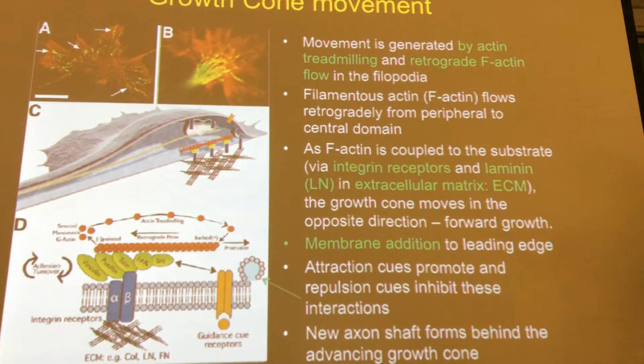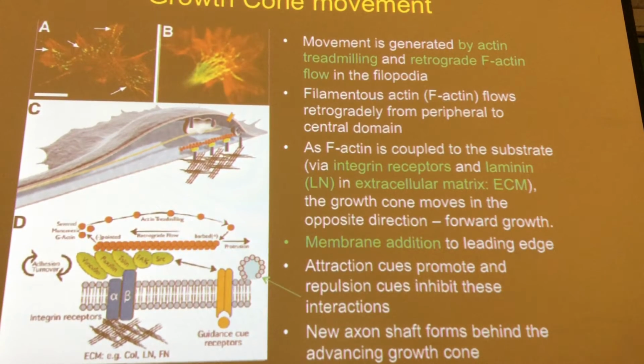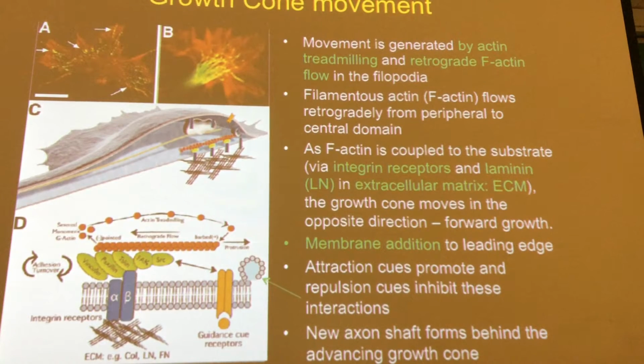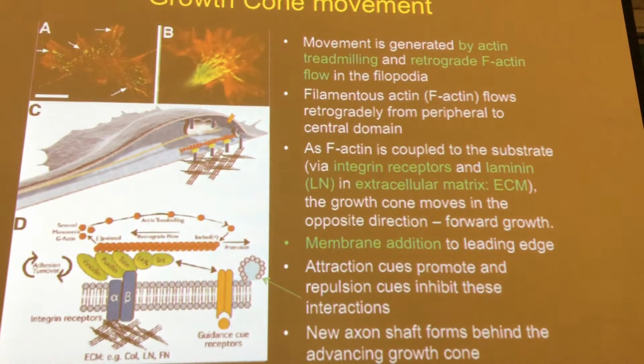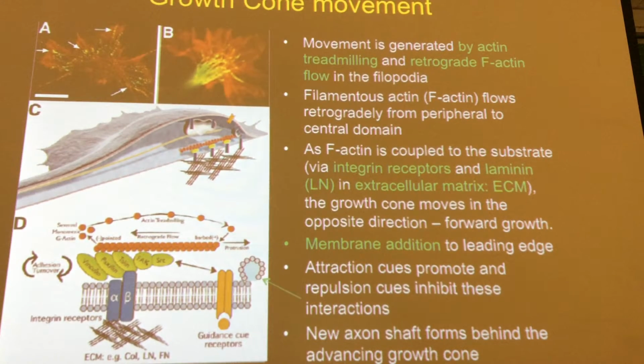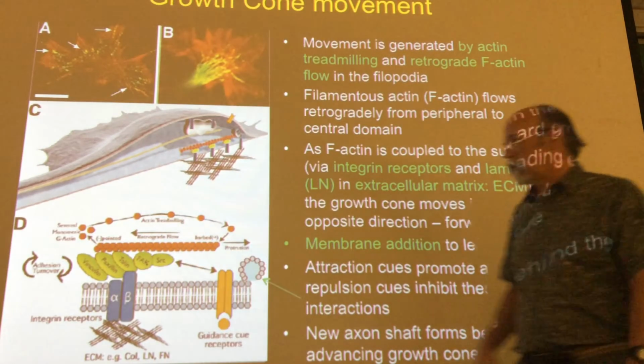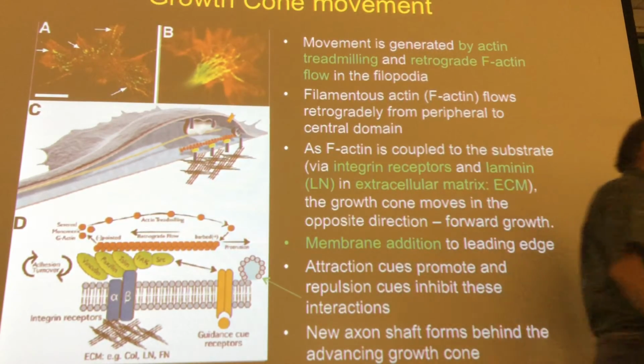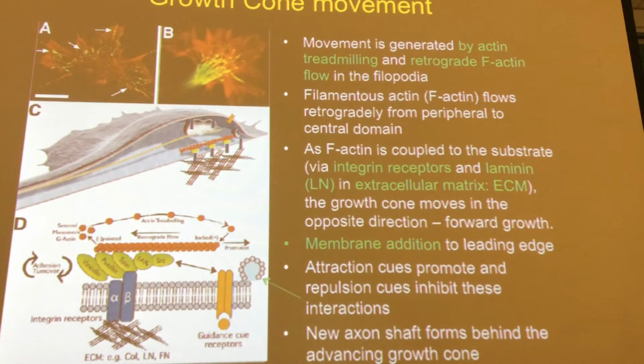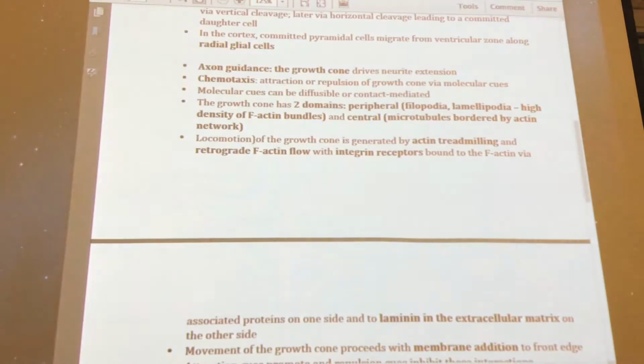Really. That's what, if you look at it, that's what it's doing, right? So that treadmilling is key. And then in terms of movement of membrane, all right, there's addition of membrane that has to happen as it's moving forward to grow. Okay?